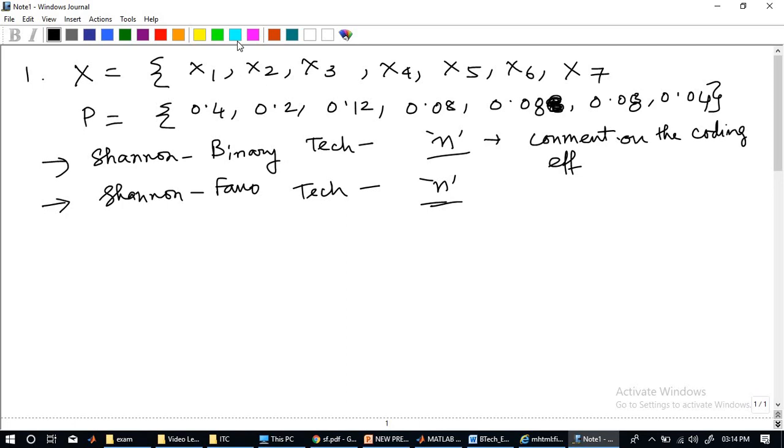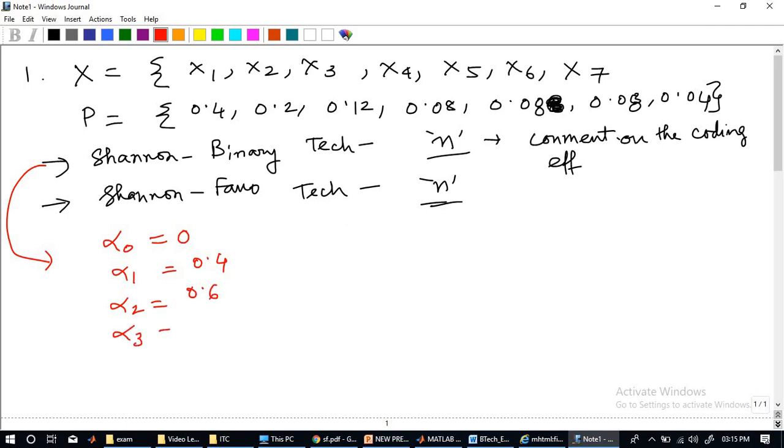Let's see whether you are approaching in the correct direction. At least tell me how you are starting with the problem. So I'm trying to find Shannon's binary. Okay, the first thing: alpha 0, you have to take it as 0. That's where you start. So give me alpha 1. What is the value you're getting? 0.4. Okay. Alpha 2, that's correct.